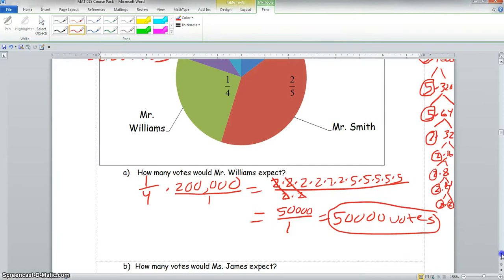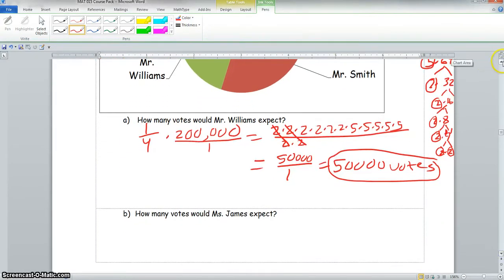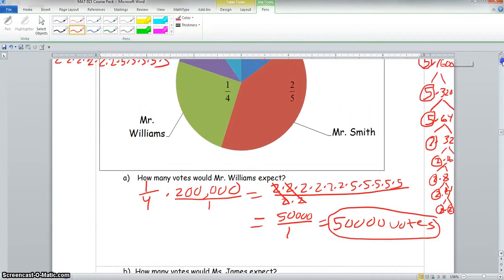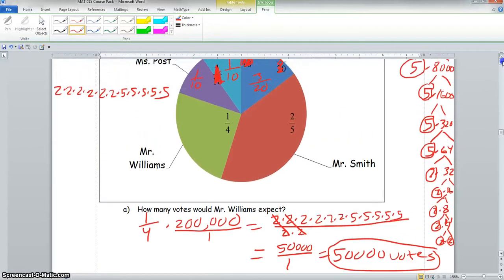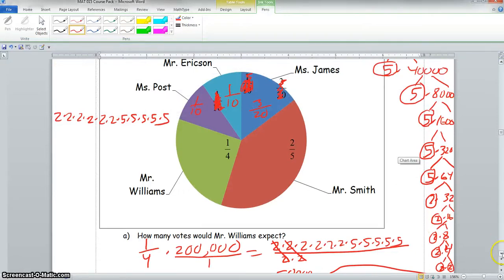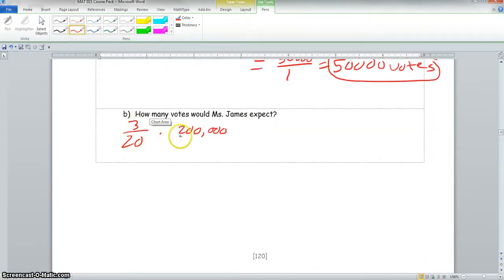Okay, now we scroll down here to B. How many votes would Miss James expect? Okay, now Miss James, I have to go back up here real quick. Miss James would expect 3/20. So now, we have 3/20 times 200,000. And we'll put that over 1. 3 is prime, and 200,000, we know we have 6 2's and 5 5's.